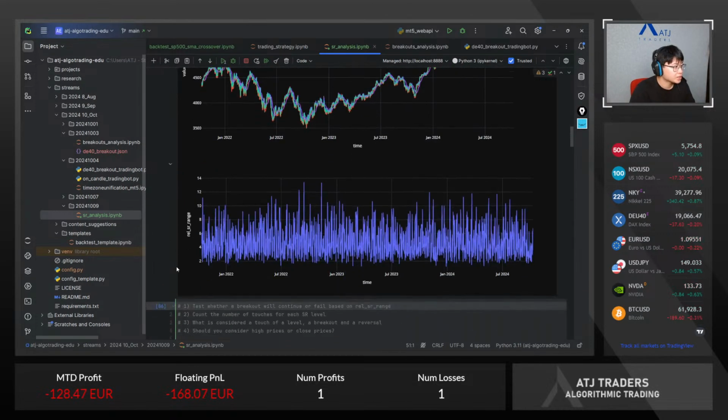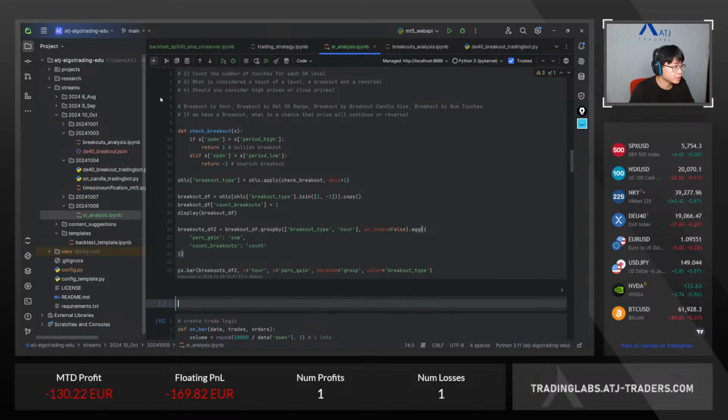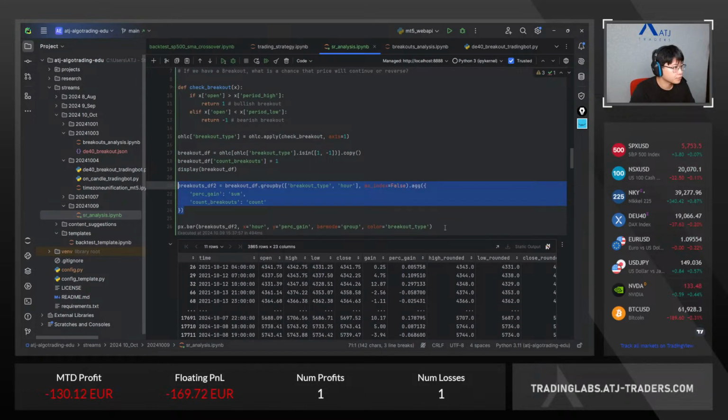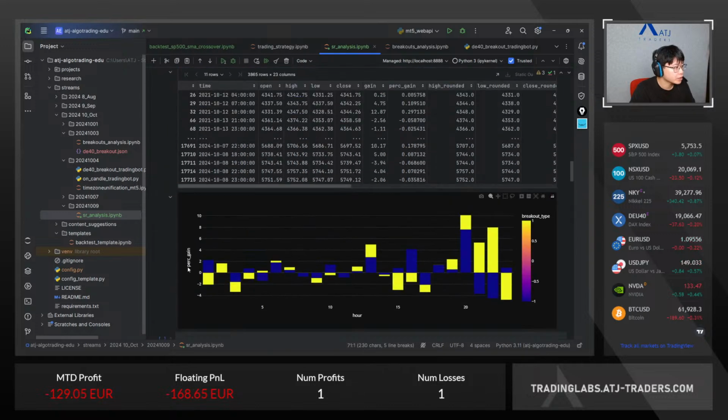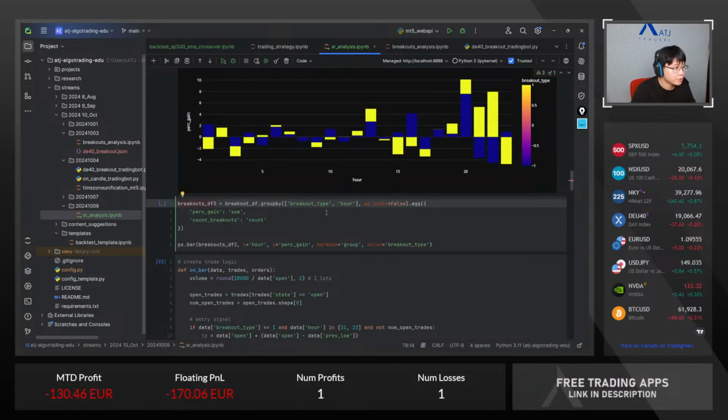Now let's run this again, and let's see how our breakouts perform based on the relative candle size. So I'm going to create a new data frame. I'm going to call it DF3, and here I'm going to do it by breakout type and relative candle size.